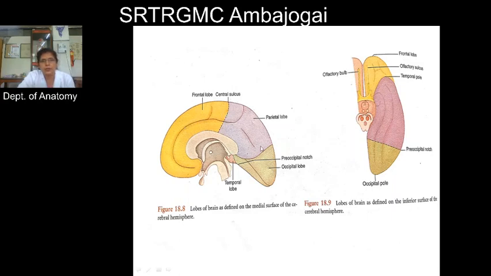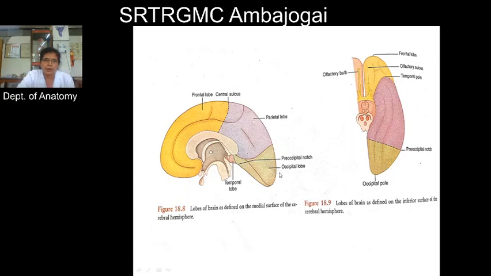Then this parieto-occipital sulcus is mainly present on the medial surface. The part anterior to the parieto-occipital sulcus and this imaginary line from the central sulcus to the corpus callosum is the parietal lobe, and the part behind the parieto-occipital sulcus is the occipital lobe.